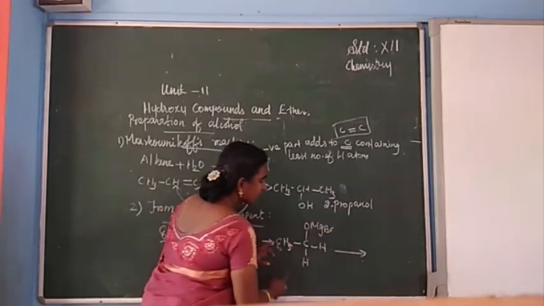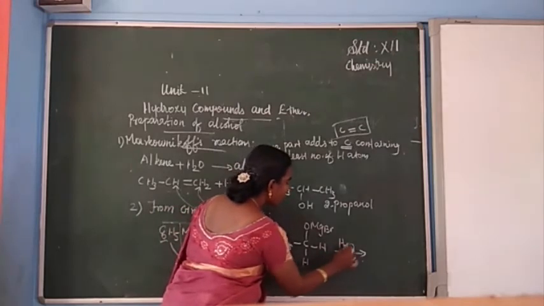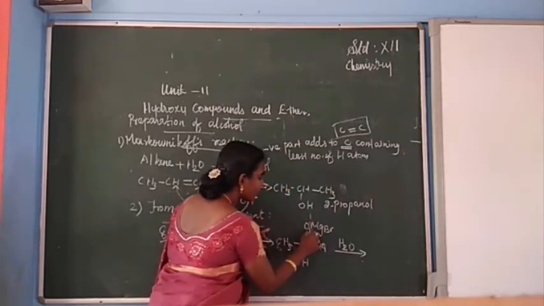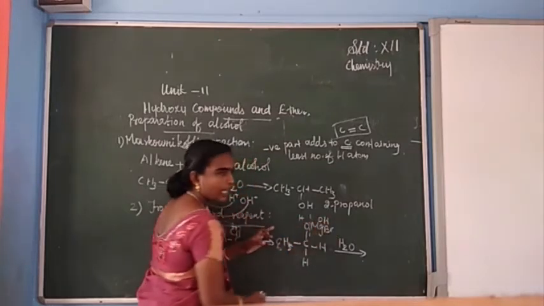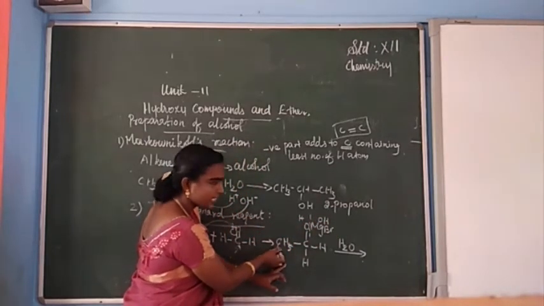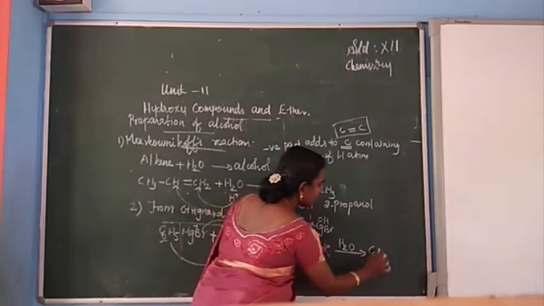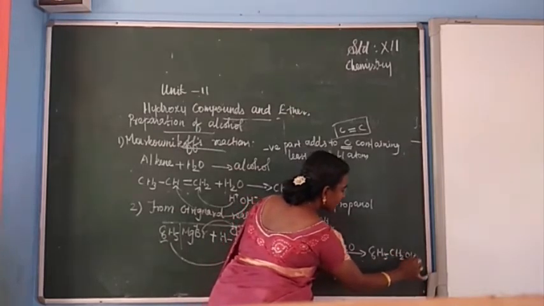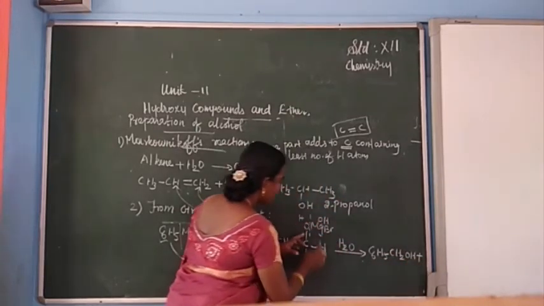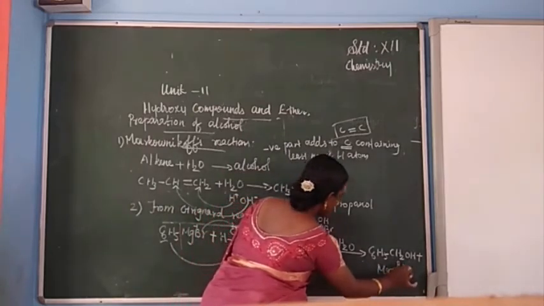Next, this compound undergoes hydrolysis with H2O. The bond will be broken here, H here and OH here. And you can get the compound C6H5 CH2OH, benzyl alcohol, plus MgBrOH.